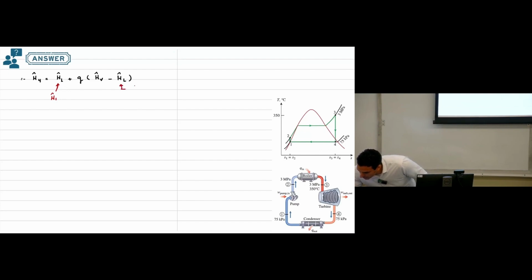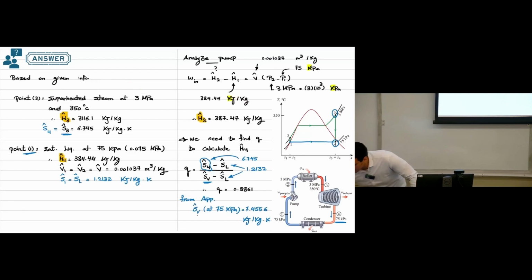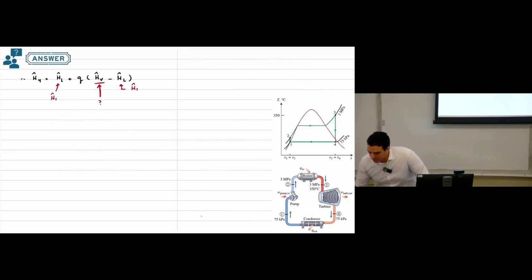This one is H1. This one we need to find, similar to this step, at 75 kilopascal, what will be the enthalpy of saturated vapor. So this one from the appendix at 75 kilopascal, then specific enthalpy of saturated vapor at this one.